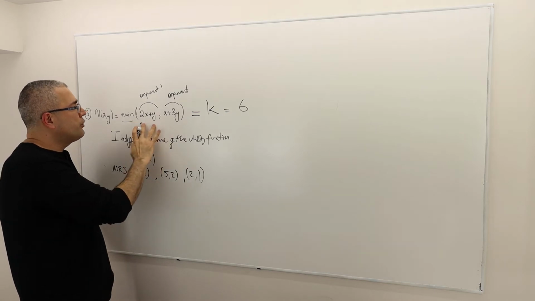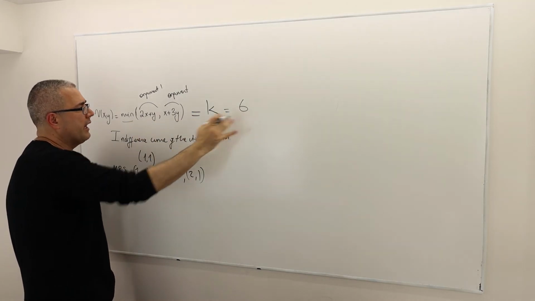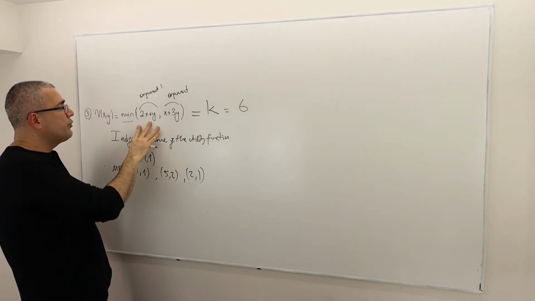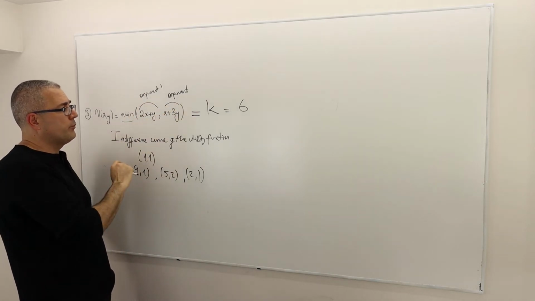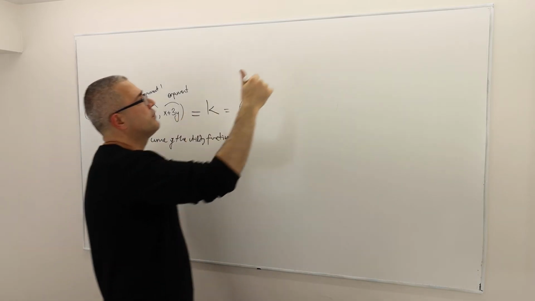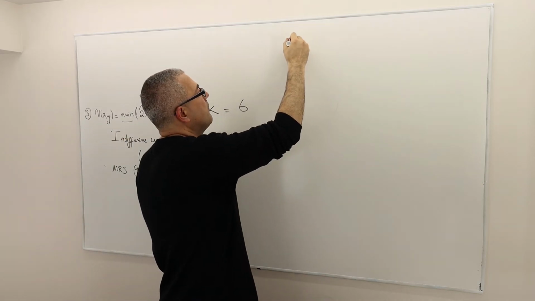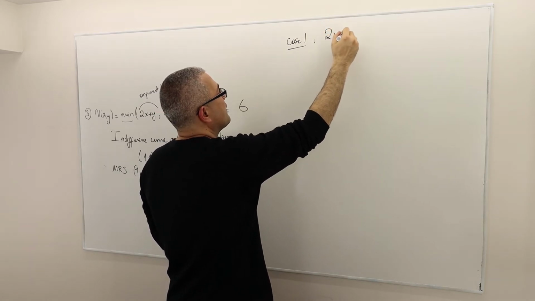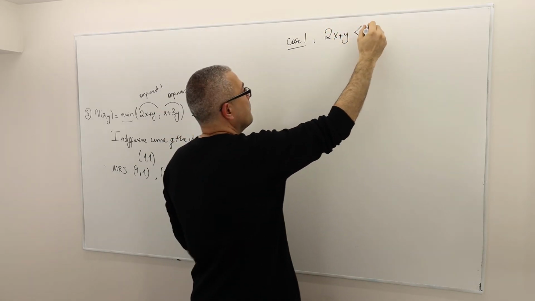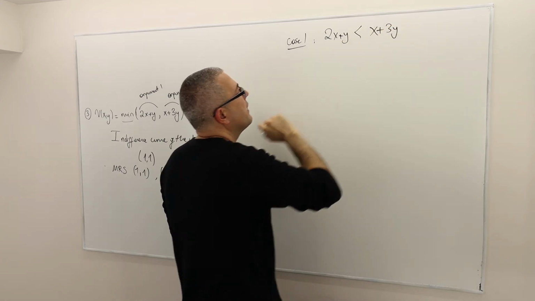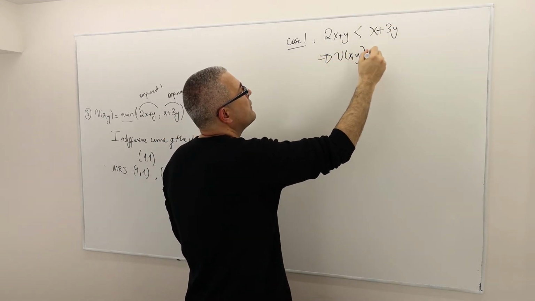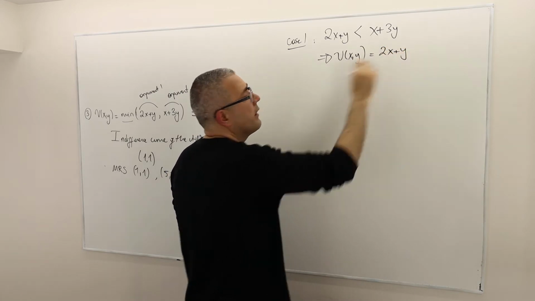So how do I draw this? The utility of something equals k. Don't forget, the utility is the minimum of 2 arguments, so remember there are 3 cases. Case 1: the first argument, 2x plus y, is less than x plus 3y. Therefore the utility of xy is equal to 2x plus y.